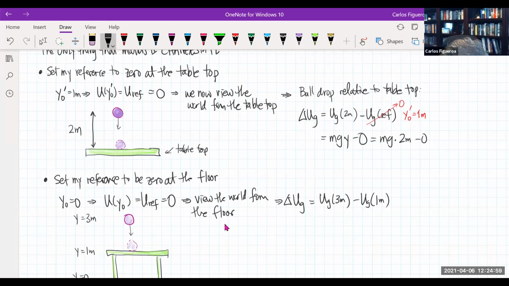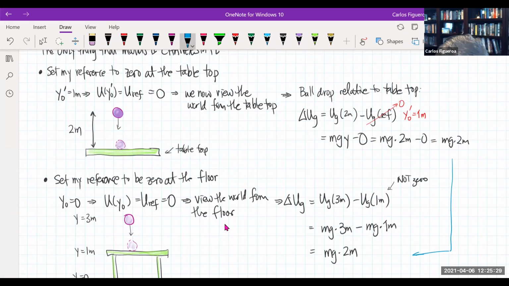So when I look at my things here, you can see that this guy is not 0. I'm going to get mg times 3 meters minus mg times 1 meter. And I can see here that I'm going to get mg times 2 meters. And if I compare this answer to this one, you can see that I get the exact same result.